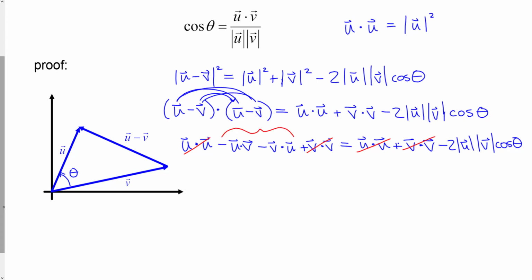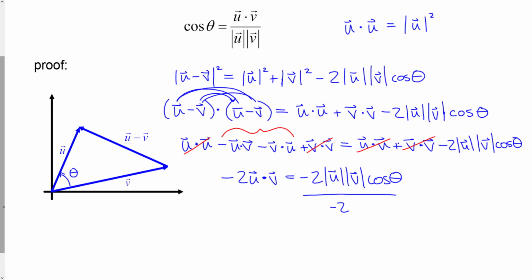These two remaining terms, u dot v and v dot u, are the same value as well, because you can turn around the dot product. That was another property that we saw. So I could write these two terms as negative 2 u dot v, and that's equal to negative 2 magnitude u magnitude v cosine theta.